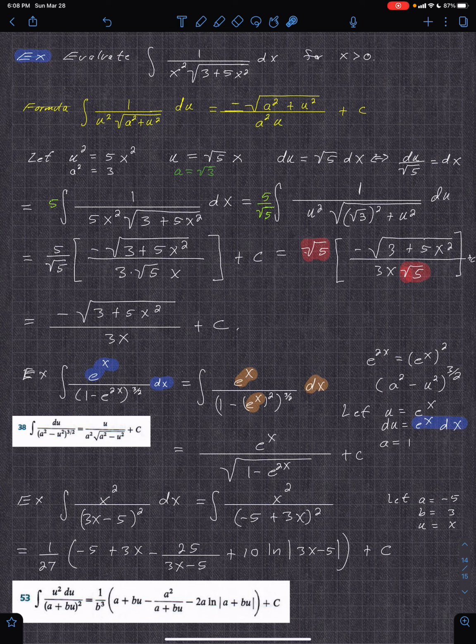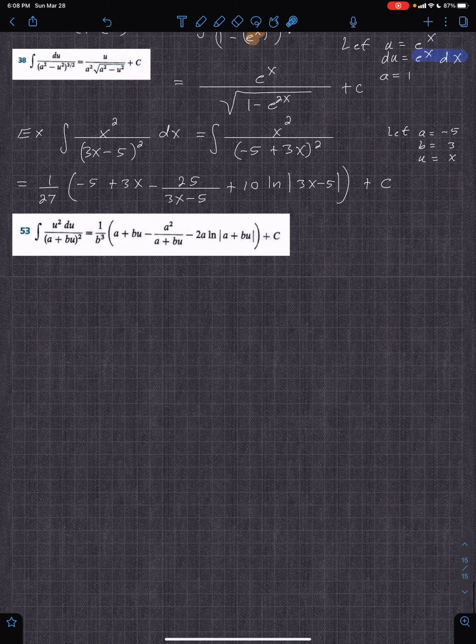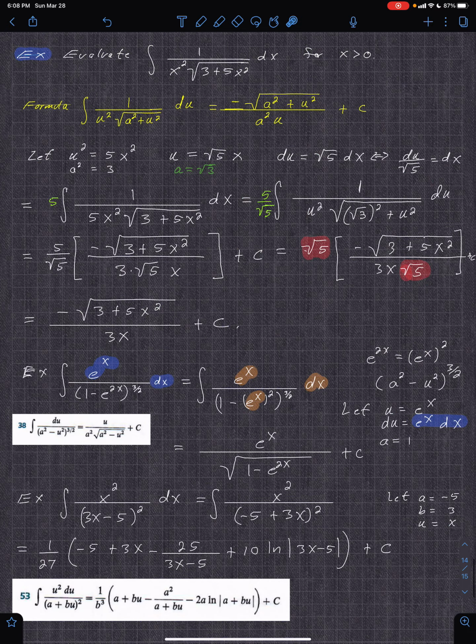Should be practicing a lot of those. So you need to practice, and I have posted more examples of all of these in the files. Okay, so that's tables. One video on that. We'll do improper integrals next.